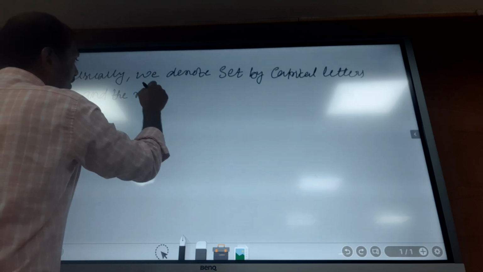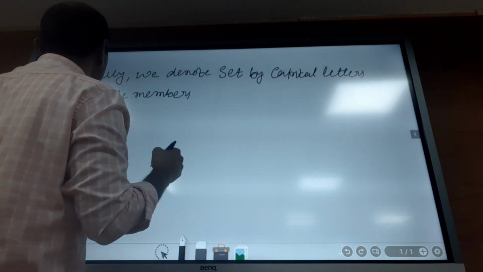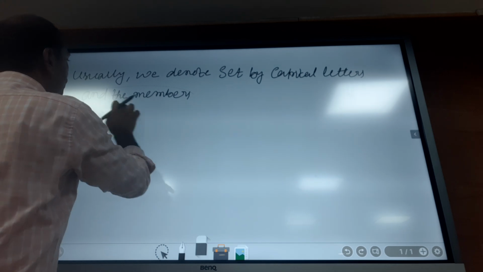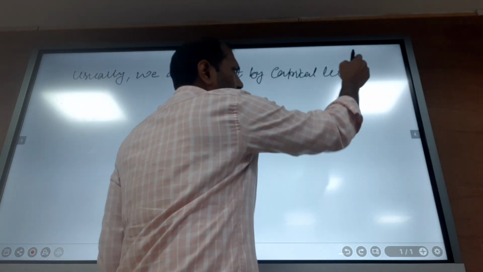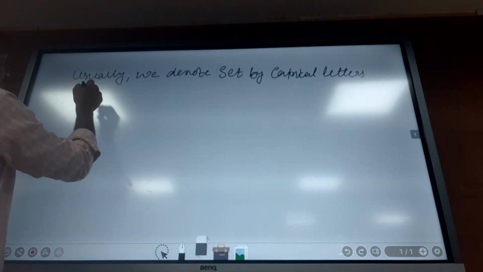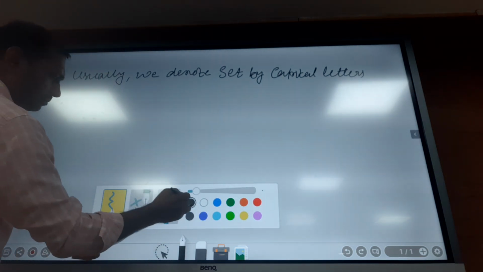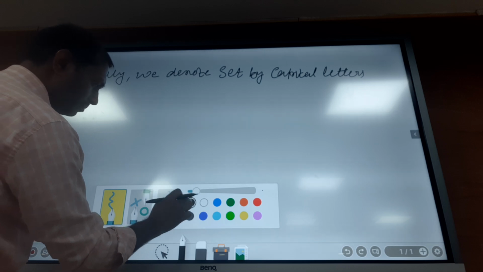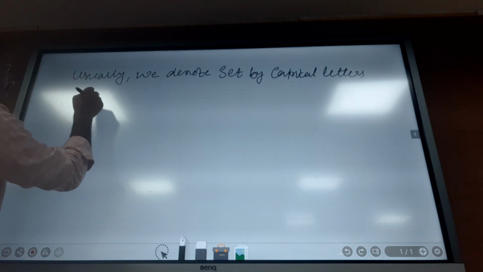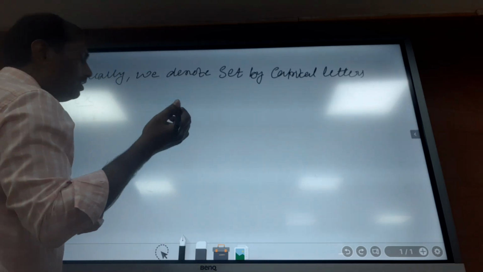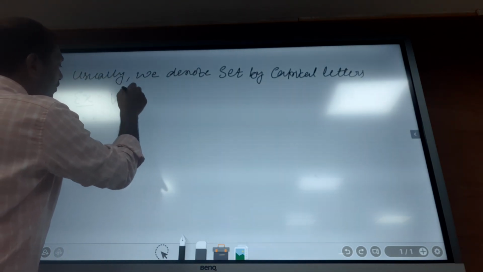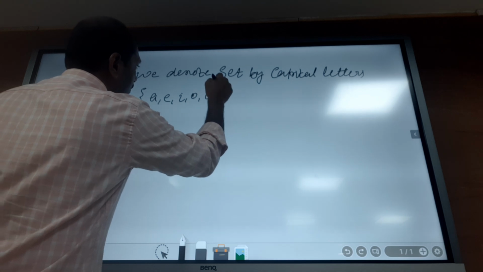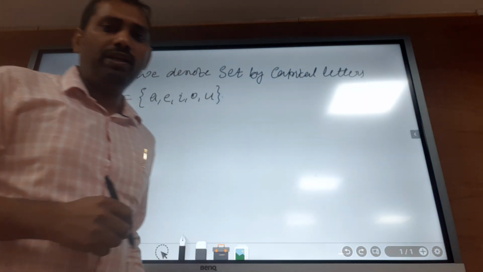For example, V is a set of vowel letters. So that is a set of vowel letters.